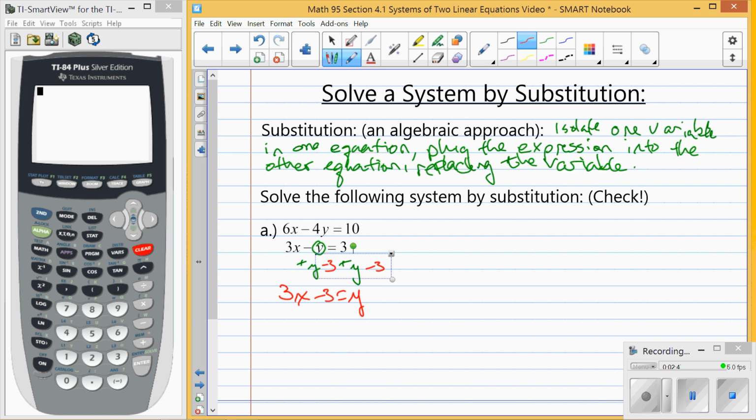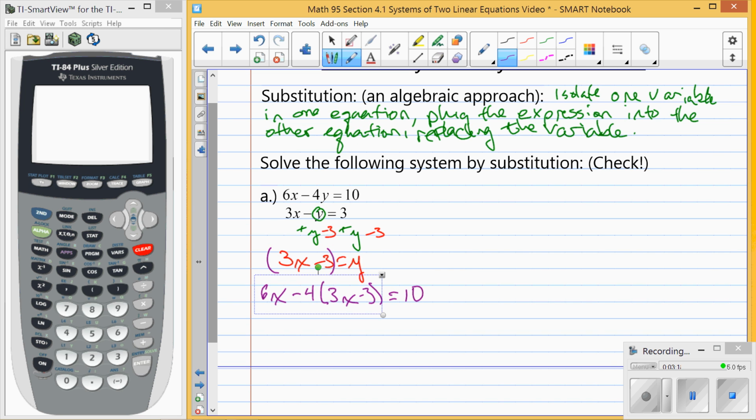So the part where we do the substitution is I'm going to take this entire expression and replace the y value in my other equation. So I'm going to take my 6x minus 4, but instead of writing a y, I'm going to put the 3x minus 3. That whole thing will still equal 10.